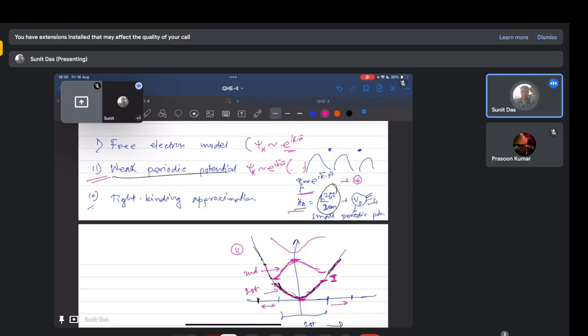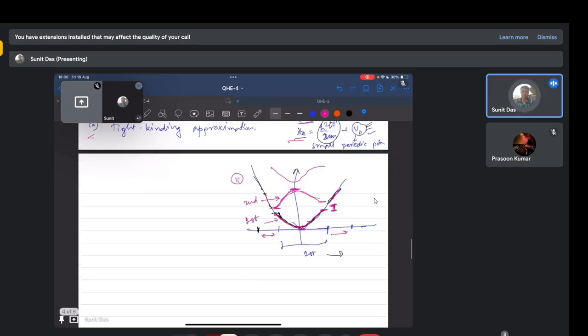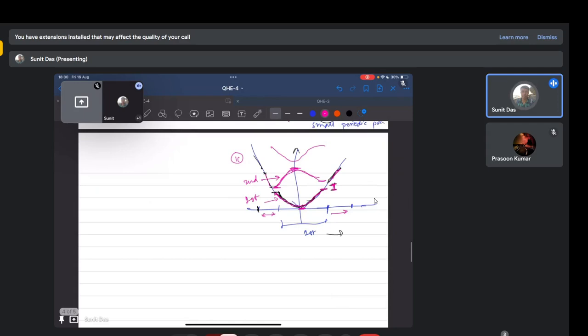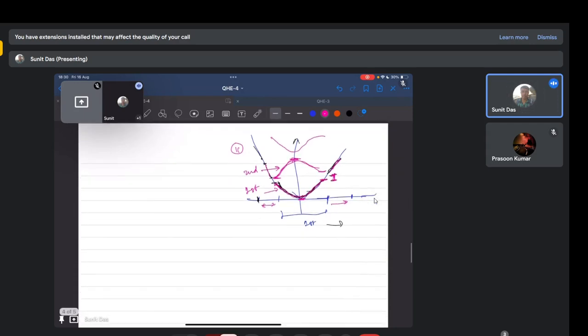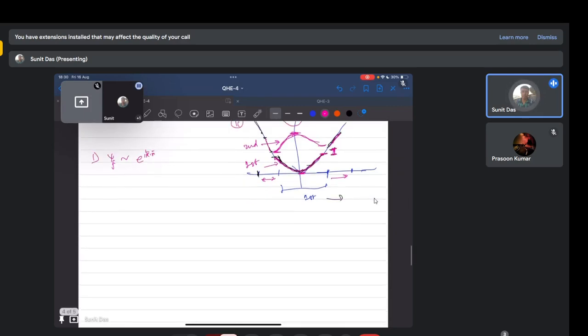Now, in this weak periodic potential, we are essentially considering this as an initial kind of wave function. So how do you do it? If I just state the process, you take the free electron wave function, e to the i k dot r, and then second, you have H equal to H0, which is the free electron h bar square k square by 2m.